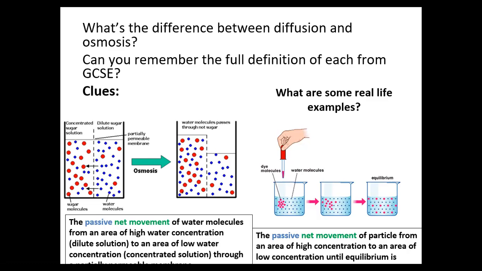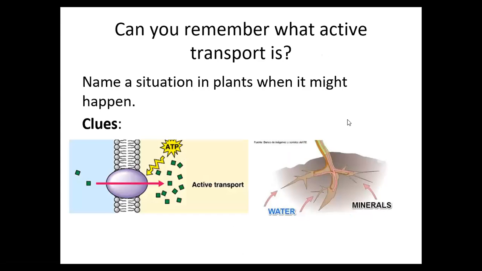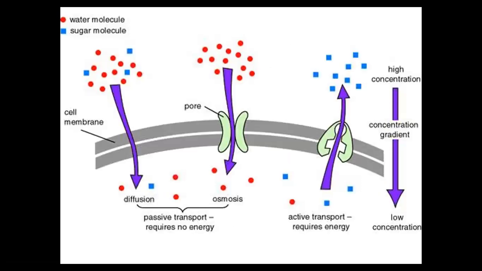Diffusion is the passive net movement of particles from an area of high concentration to an area of low concentration until equilibrium is reached. And that's a really important part as well, that we reach equilibrium. Because actually that image in the middle, well, technically, diffusion has happened, but it hasn't fully happened until we reach that level of equilibrium. So active transport, I'm going to have a look at that in a bit more detail as well.